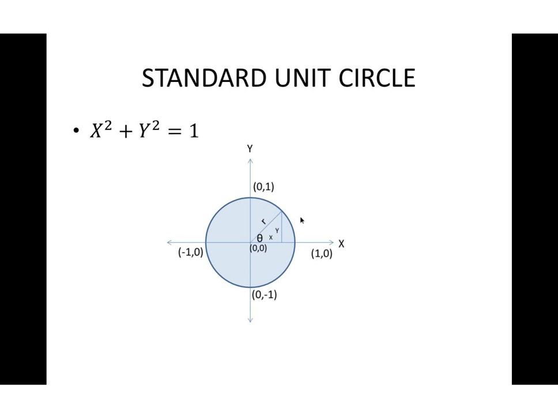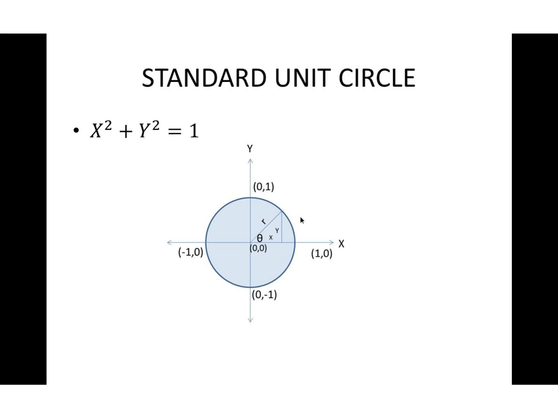Actually the equation of this circle is x square plus y square equal to 1. In general, the equation of a circle having radius a and center on the origin is given by x square plus y square is equal to a square. Since the radius is 1, the equation for the standard unit circle is x square plus y square equal to 1.